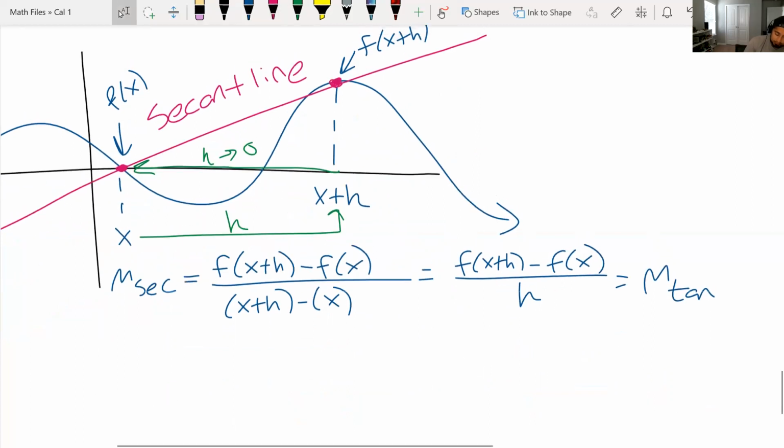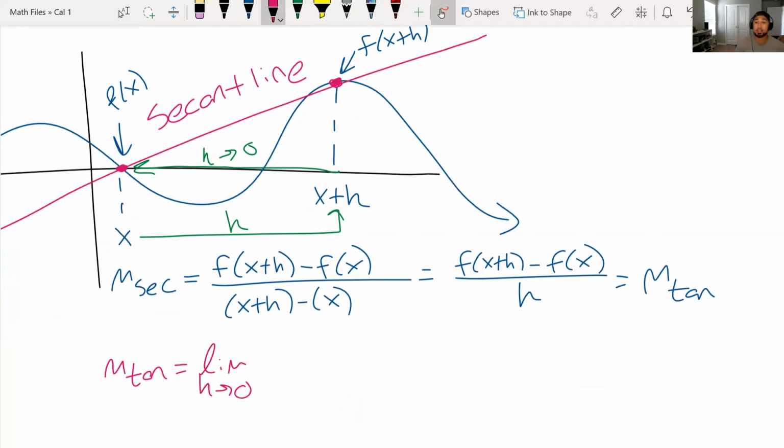That's where the tangent line comes in. The tangent line says the limit as h approaches 0 becomes f of x plus h minus f of x over h. No longer are you finding the distance between 2 points; you are finding the slope at one single point, and at that point, we can find the tangent line.